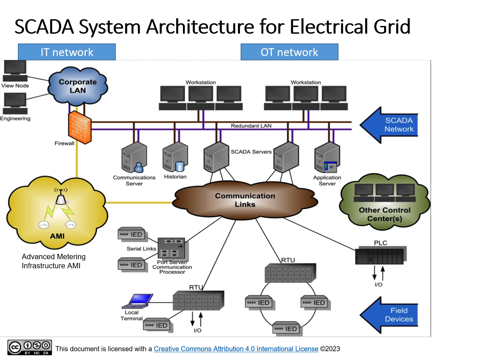AMI is a two-way communication network that usually utilizes a mesh wireless network or power line communication to communicate with smart meters to collect power consumption and send information to meters such as energy pricing and control signals.